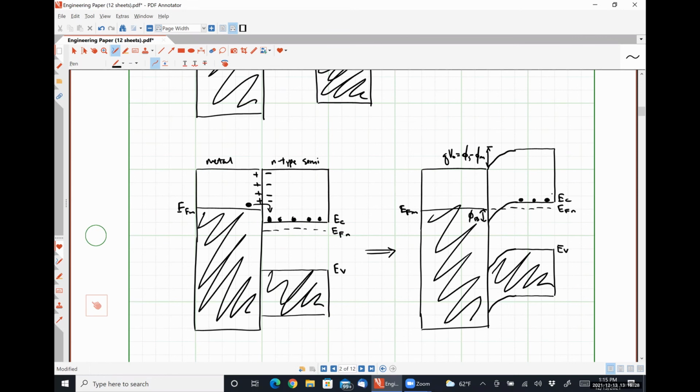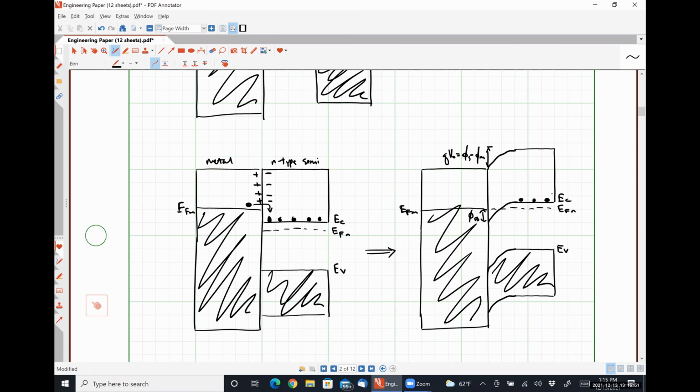Effectively, current can flow both directions in this guy. So for forward bias, electrons move from the semiconductor to the metal easily. Reverse bias, electrons move from the metal to the semiconductor easily.